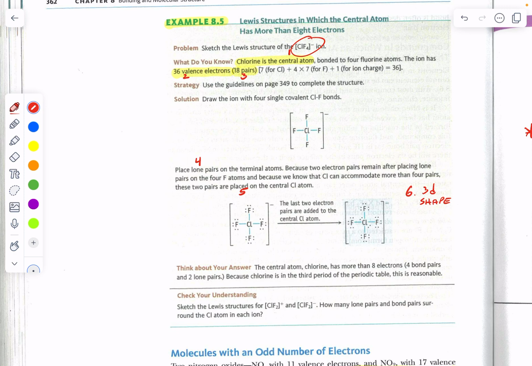So step number 1, I don't follow it in this order, I have a different order when I do these things, but your book uses: find the central atom first, then add up all the valence electrons, and then divide the number of electrons by 2 in order to get your number of pairs.